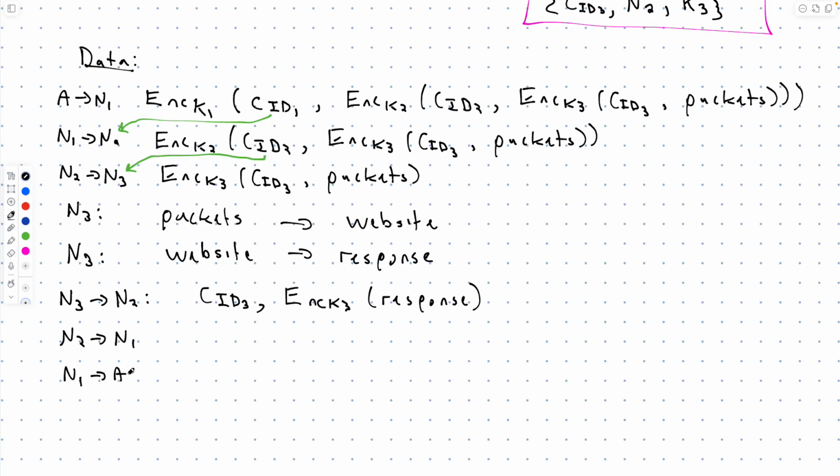So this will be CID2. The encryption under K2. And the thing I'm encrypting is this. Okay, so I put that inside.